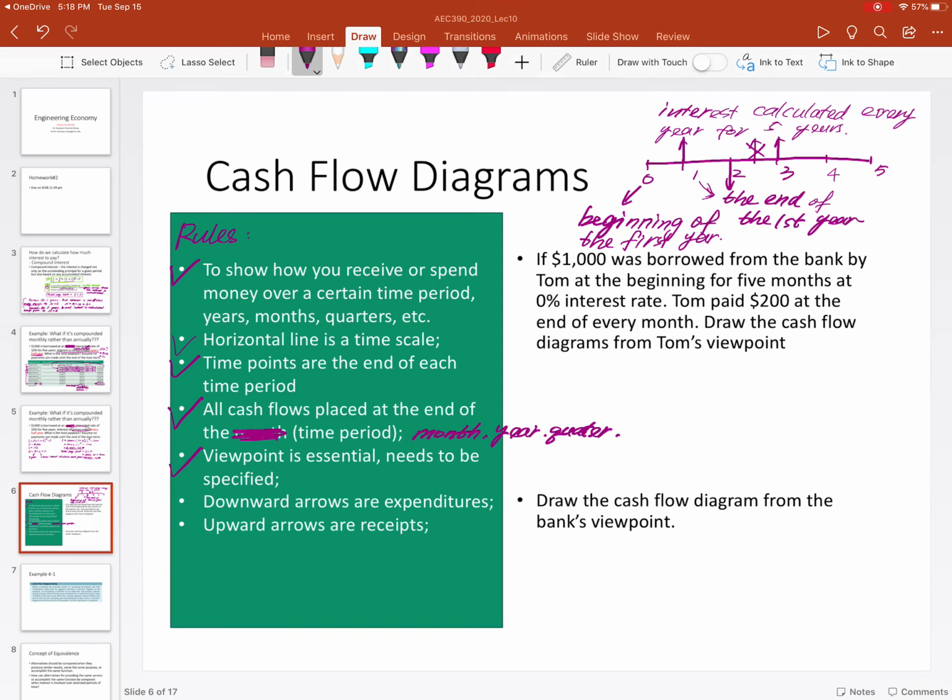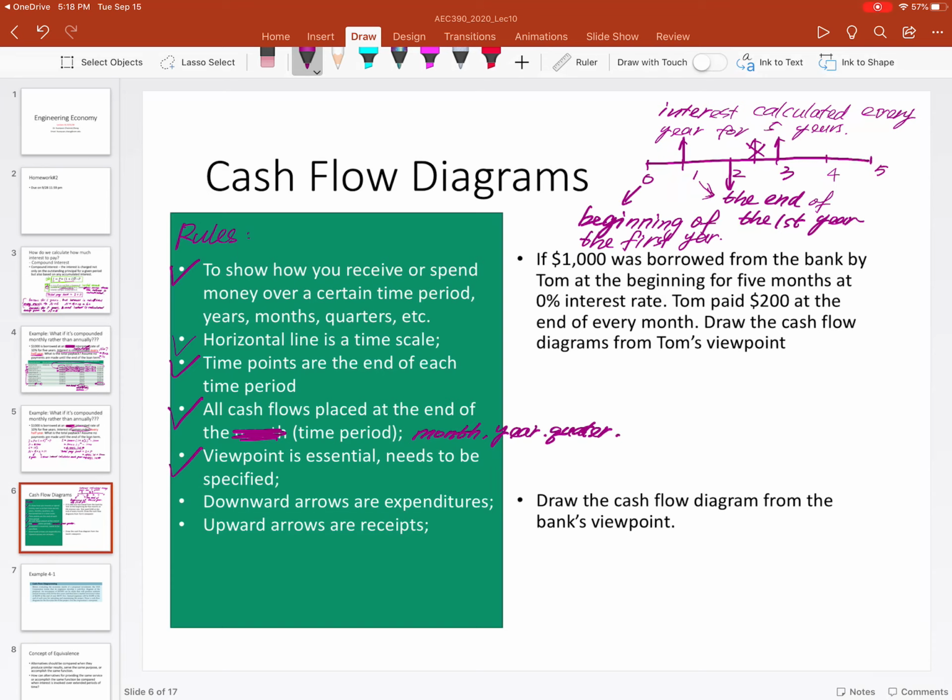Okay, but if you look at the same cash flow, the same story, from the bank's viewpoint, then the money you borrow from the bank will be the bank's expenditure, because that's the money outside the bank's pocket, right? So that's the bank's expense, and every month the money you pay back to the bank will be the bank's income, right?